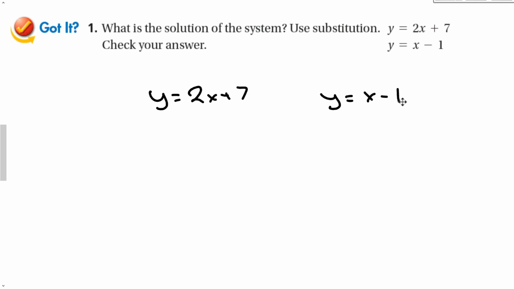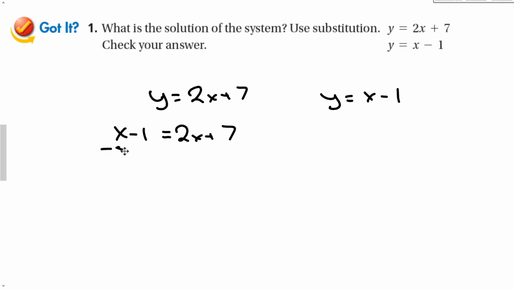Because these are both equal to the same thing, I can use substitution to replace y with something else. Let's replace this y right here. Instead of y, I can write that x minus 1 is equal to 2x plus 7, because x minus 1 and y are the same thing.